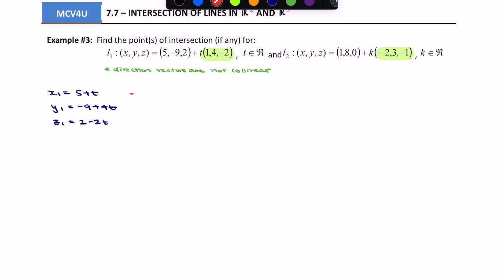Here, those are equal to x2, which equals 1 minus 2k, y2, which equals 8 plus 3k, and z2, which equals 0 minus k.